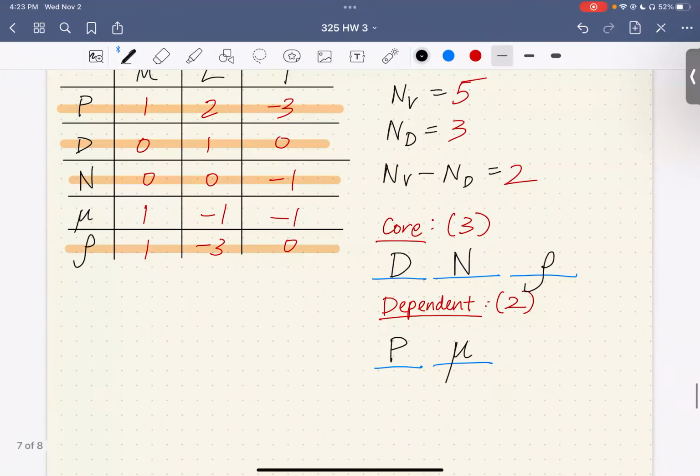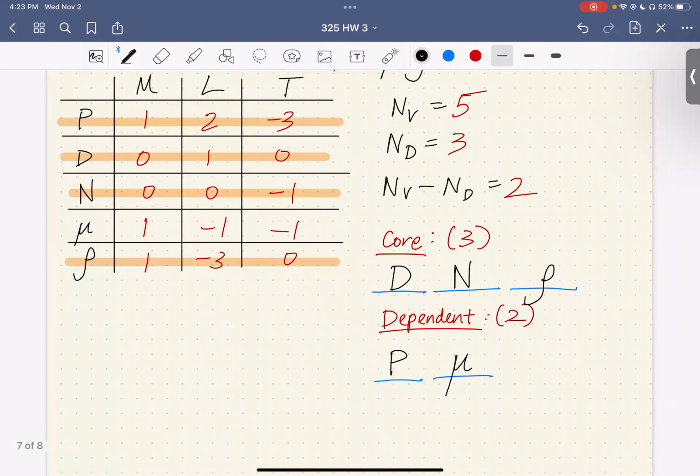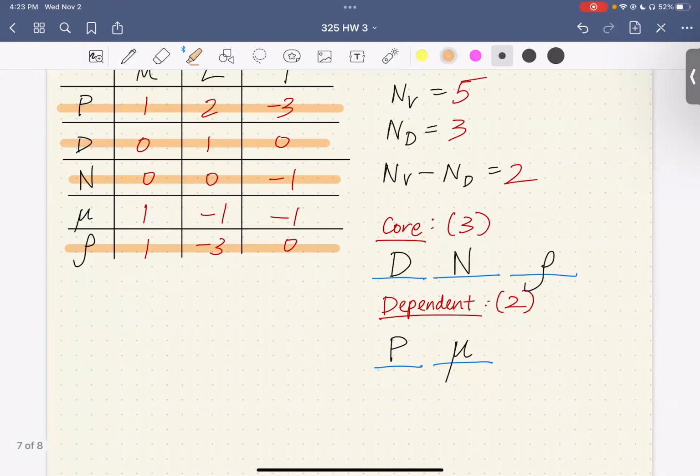Also, another option is that if we define this in a different way, we can use a different color. We can use diameter, N, and mu. Actually, no, sorry about that. We can use diameter, mu, and rho. That makes sense. There we go. So now we have things covered in all 3 components.